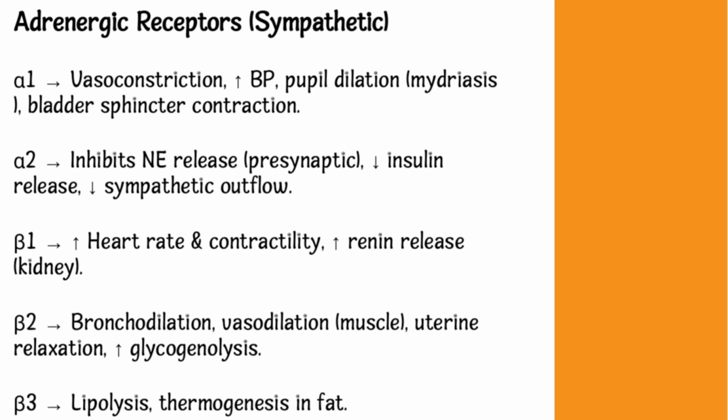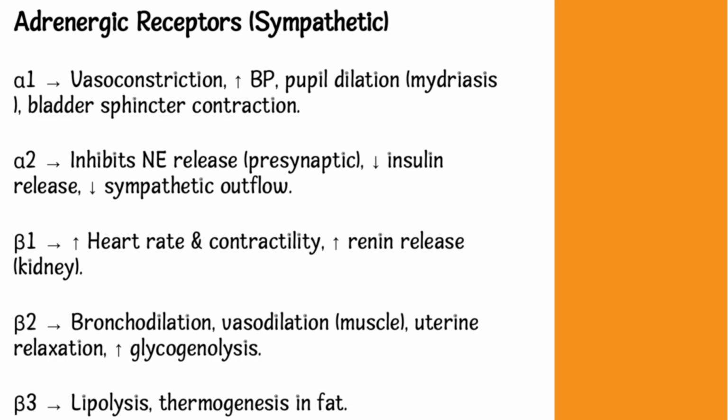Beta 2 receptors, they cause bronchial dilation. Beta 2 receptors are exactly what is targeted when you are treating bronchial asthma patients. Okay, it also causes vasodilation of muscles. So beta 2 blockers are drugs that are given to patients who have hypertension, because it's going to cause a vasodilation of the blood vessels.